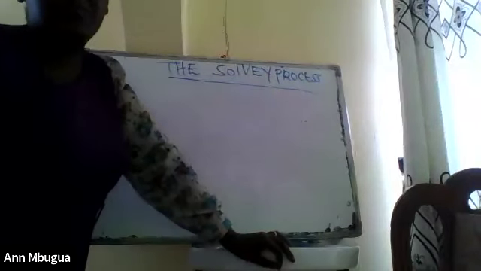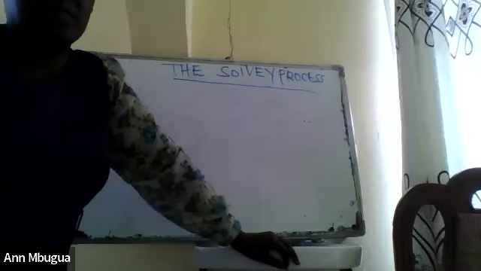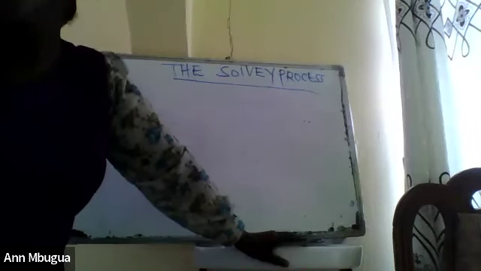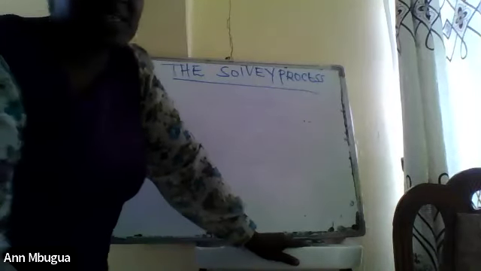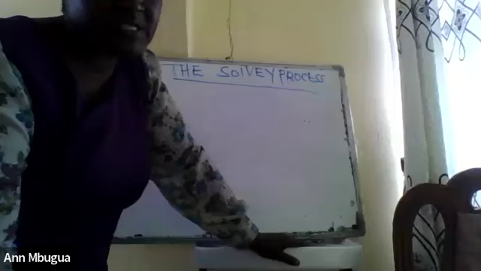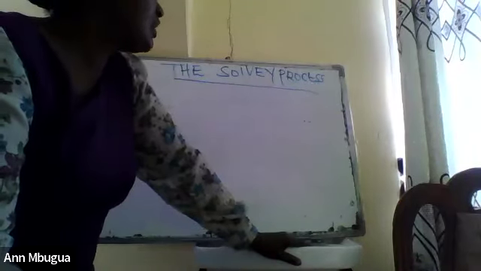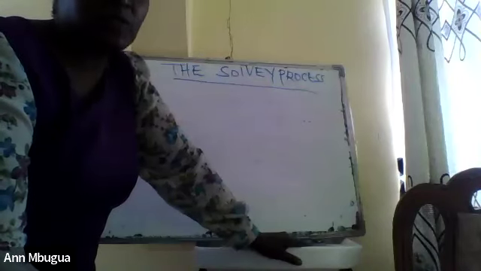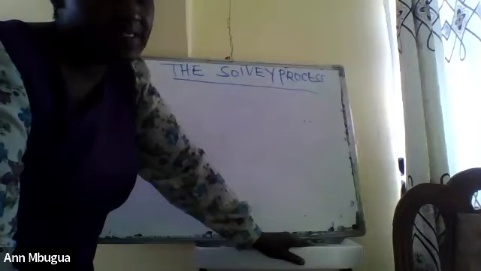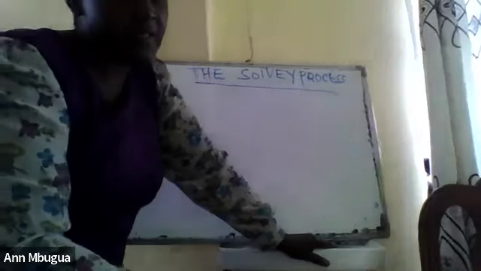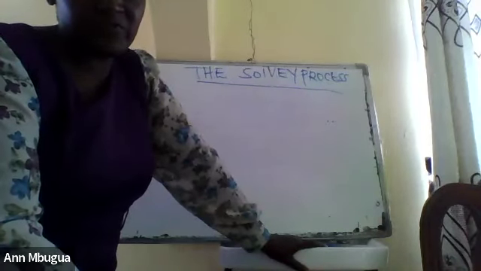If trona is not available, then sodium carbonate or sodium hydrogen carbonate can be manufactured through a process called the Solvay process.